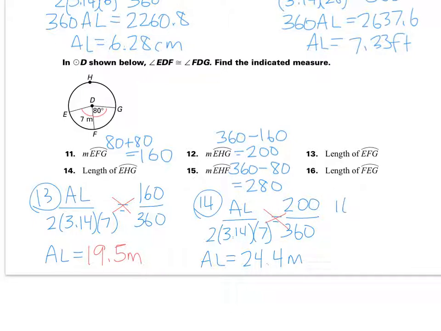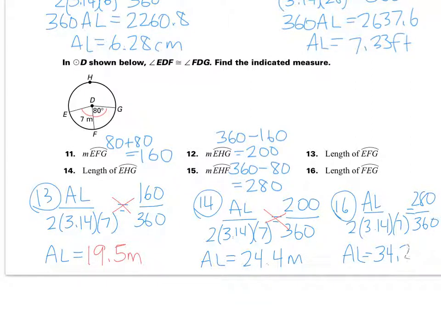And then 16, FEG. Well, FEG is going to be the same as EHF. So we're going to use arc length over circumference. So that's 280 over 360. So the arc length is 34.2.